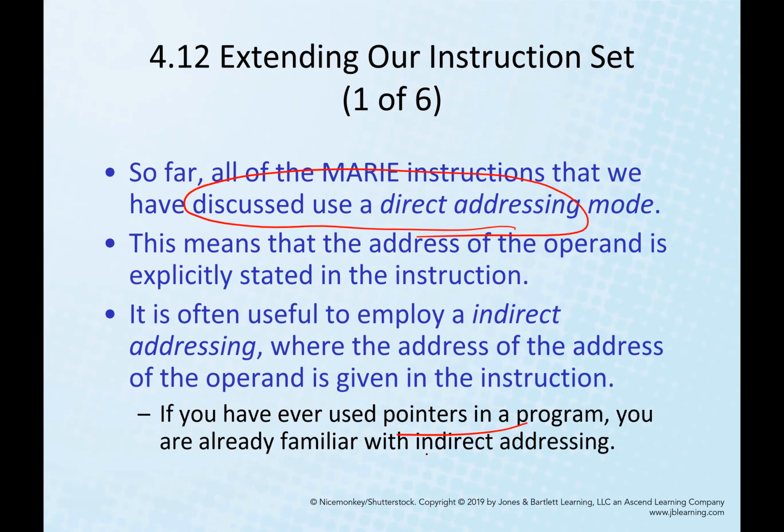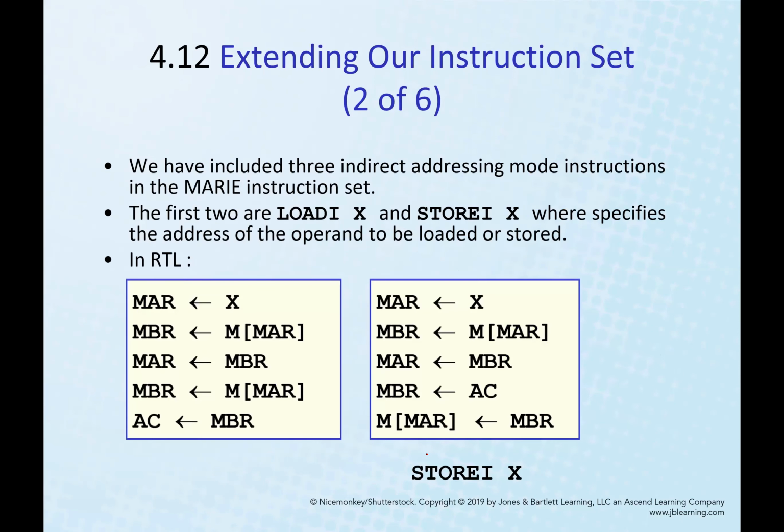If you have programmed in a high level language, you know how a pointer works. Pointers are the same type of addressing. They point to the address of something, not the something directly. I will show it in the example.